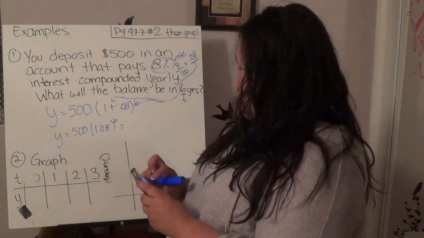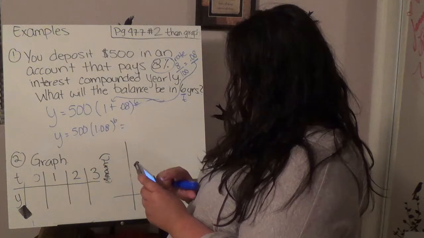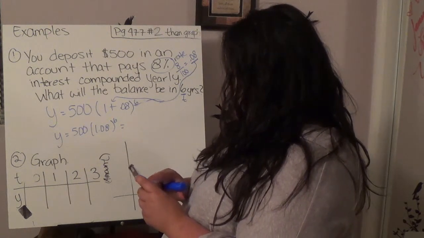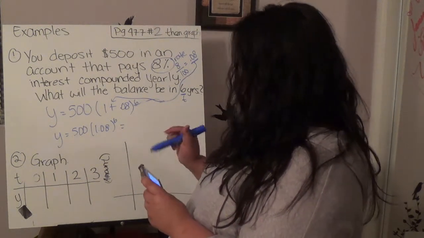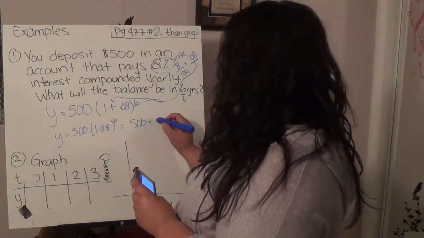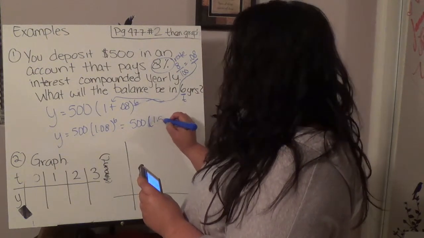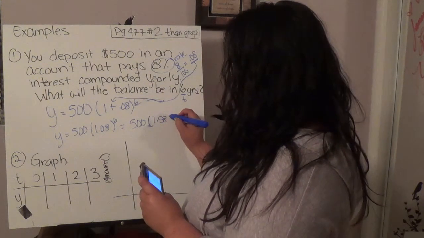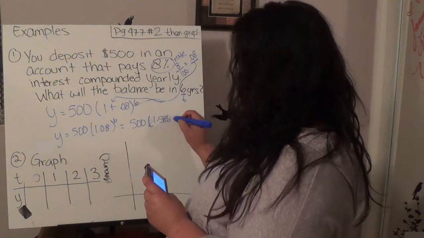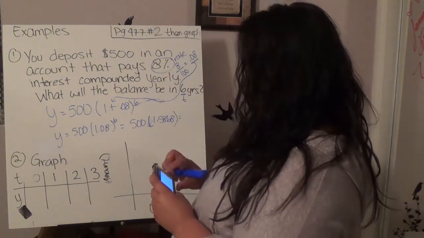Once I get a calculator working, 1.08 to the 6th gives me 1 point, and I'm going to use 4 decimal places to keep this, and I'm going to times that by 500.